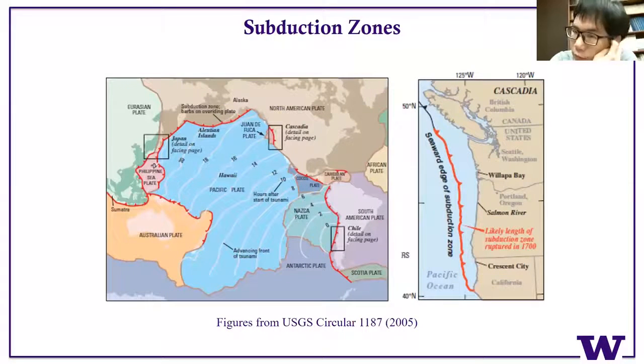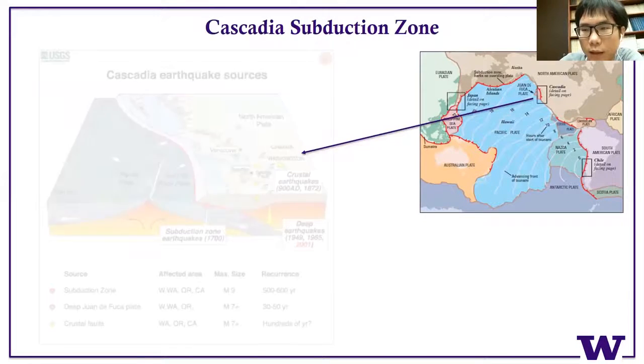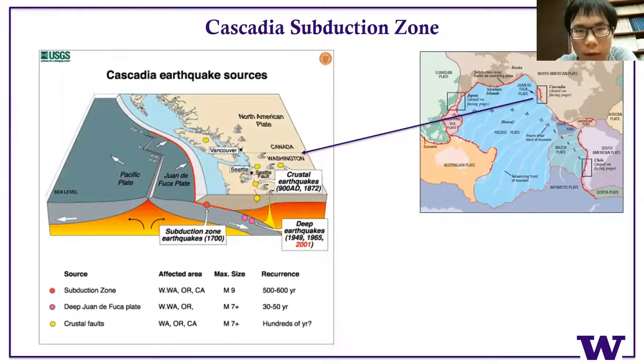The figure on the left shows where the subduction zones in the world are, by the red solid line. Specifically, there is a subduction zone on the west coast of the United States, west of the North American plate. Here we show what the Cascadia subduction zone is.